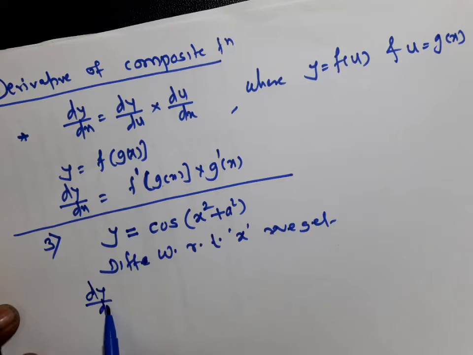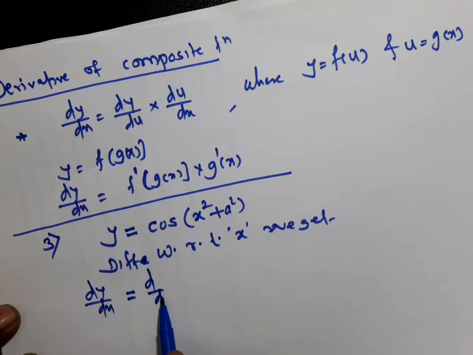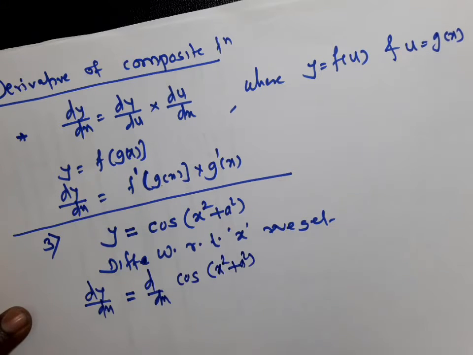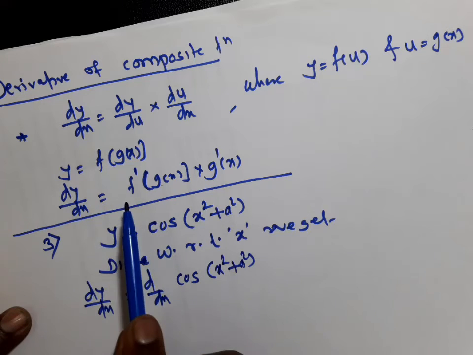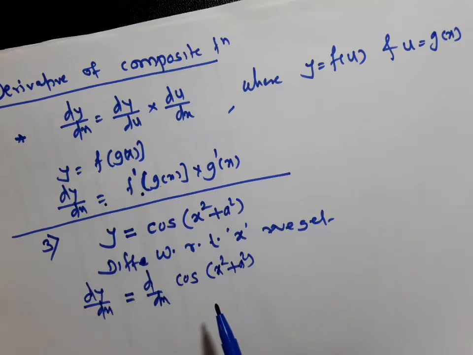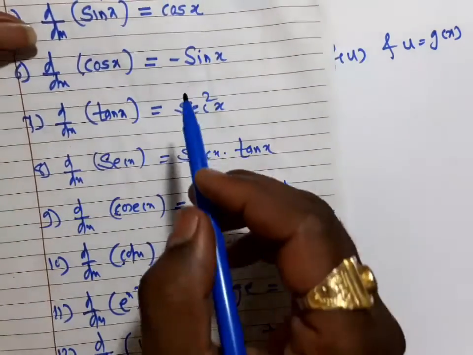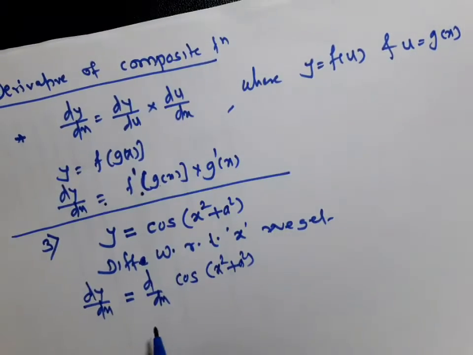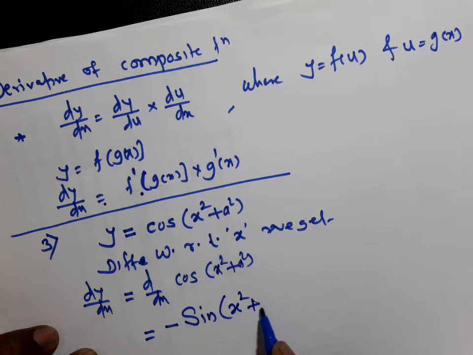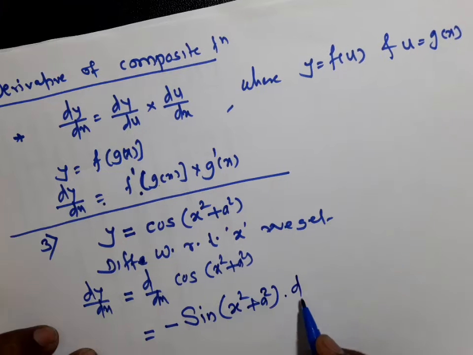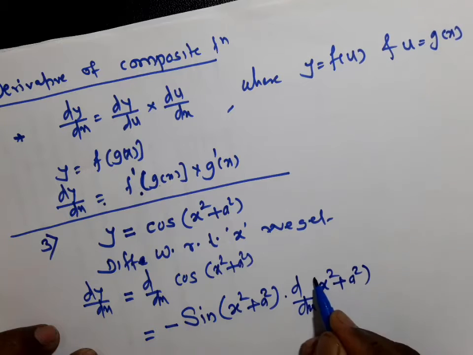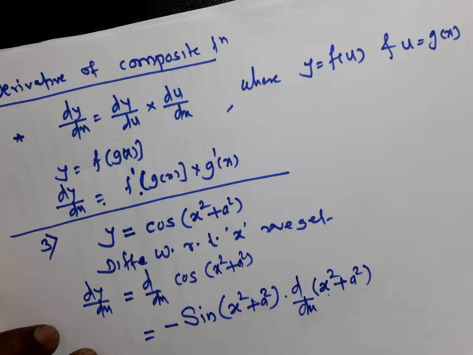So dy by dx is d dx of cos x square plus a square. By the chain rule, first find the derivative according to the rule. What is the derivative of cos x? The derivative of cos x is minus sin x, therefore it is minus sin x square plus a square. And in the previous lecture I told you that the chain rule stops when the derivative of the last term is 1.